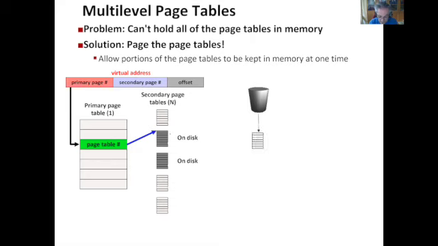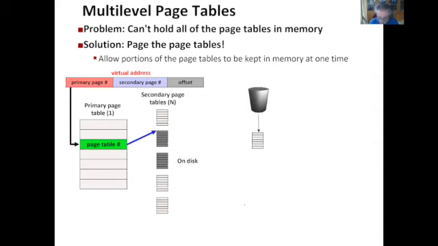So what you do is, if something is on disk, like let's say I have a certain page table that is on the disk, you can store this in the first level page table. You will have a valid bit, you set this to 0, and you can see that this one is on disk, say at location 7. So if you want to access this, go to disk location 7.